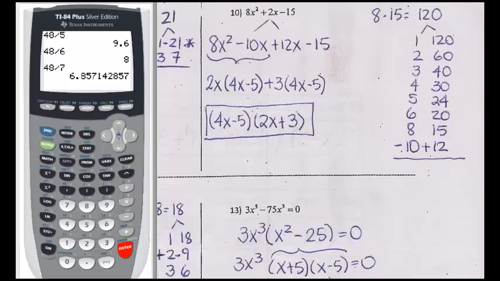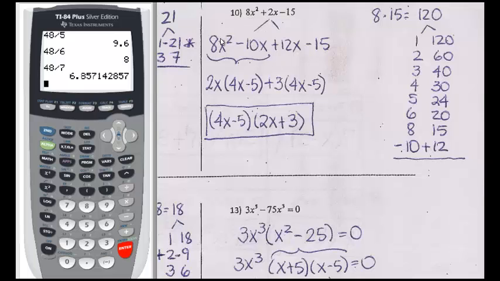Sign of the biggest, same sign as the middle term. And if this is positive 12 and I want positive 2, then this 10 has to be a negative. Final check, a positive times a negative is equal to a negative. So that means I can use these two numbers.